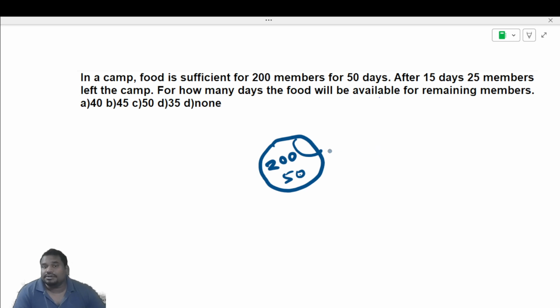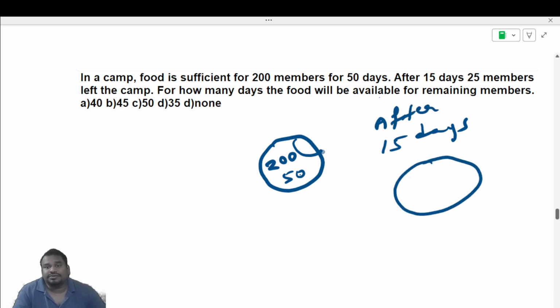Now they ate the first day, second day, third day, like that till 15 days. After 15 days, 25 members left the camp. So how many members will be there? 175 members will be there.